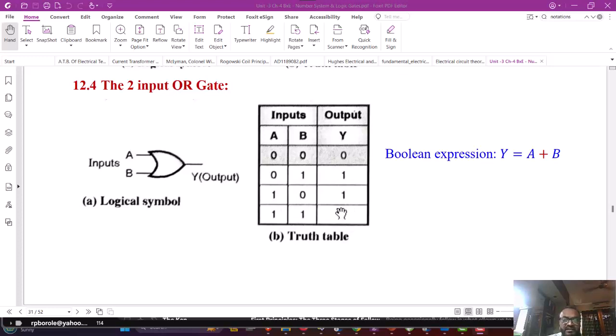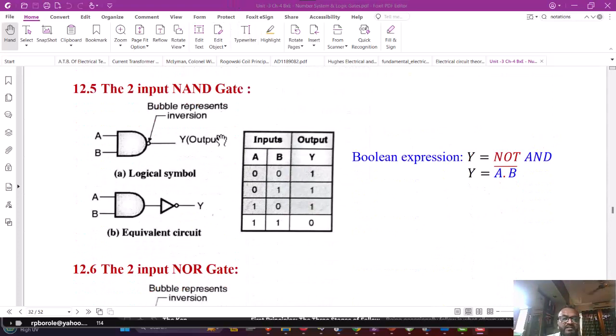We can summarize the operation of the OR gate as: the output of the OR gate is always 1 when any of the inputs is in logic 1 state. The output will be 0 only when both the inputs are 0.